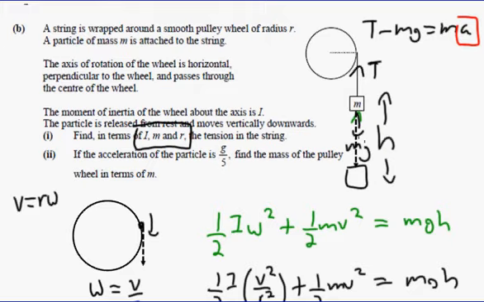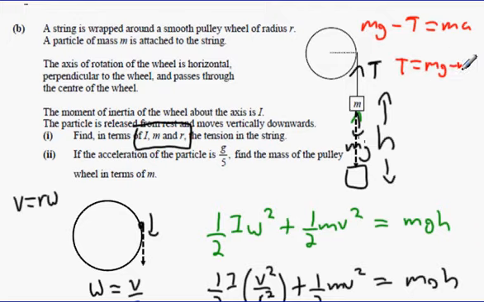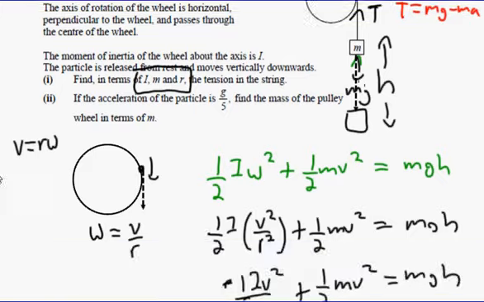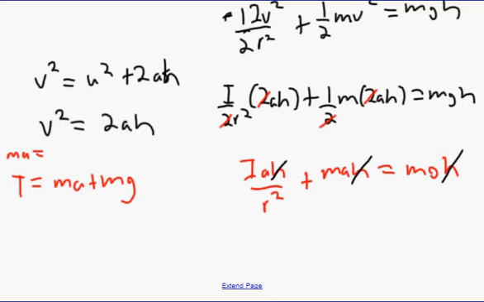Sorry, just give me a sec, that's the wrong way around, isn't it? Yeah, so it's mg minus T equals ma, excuse me. Sorry. So mg minus T equals ma, which means T equals mg minus ma.